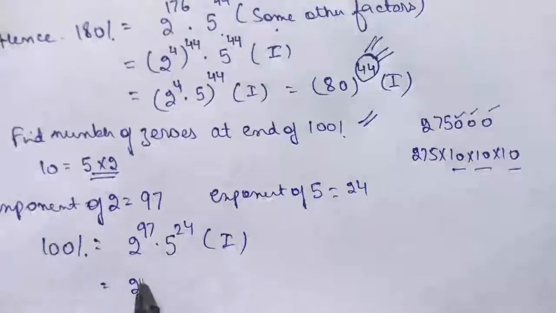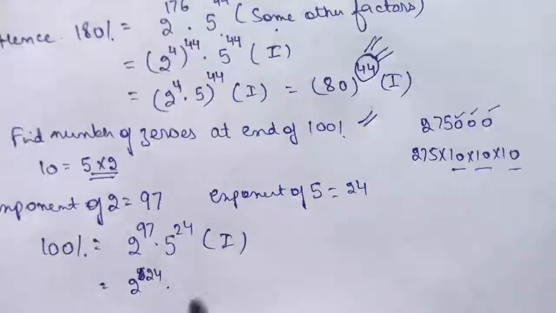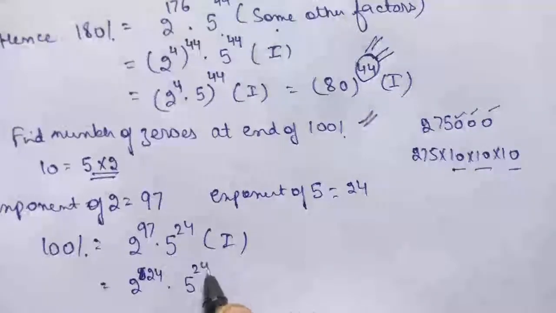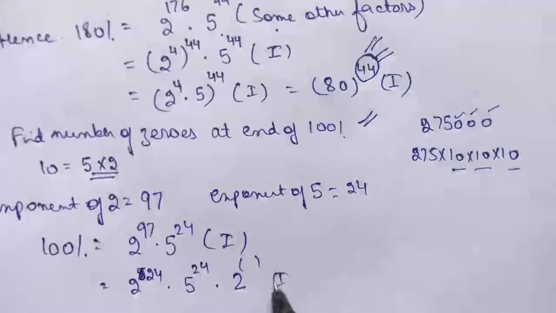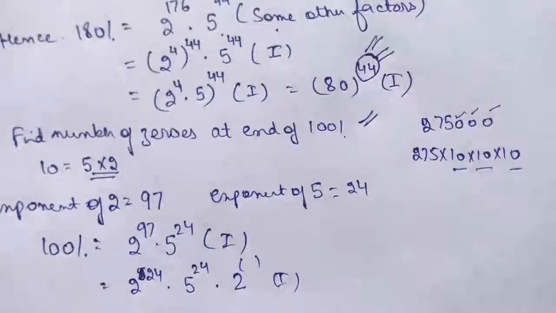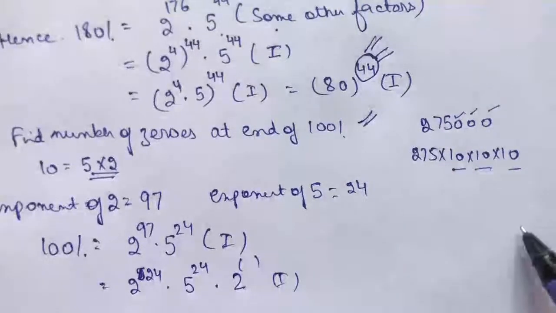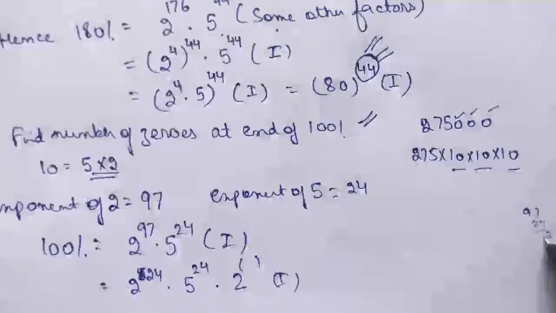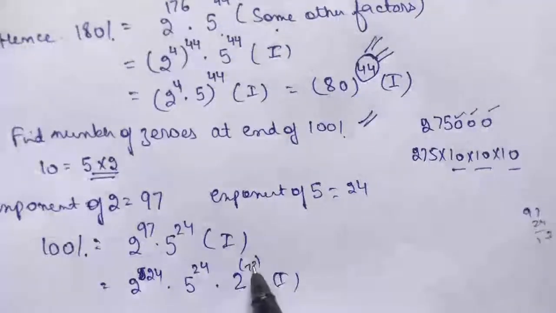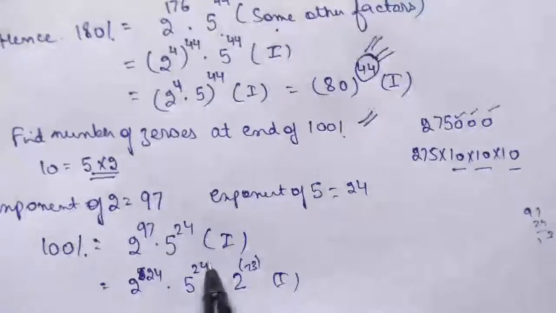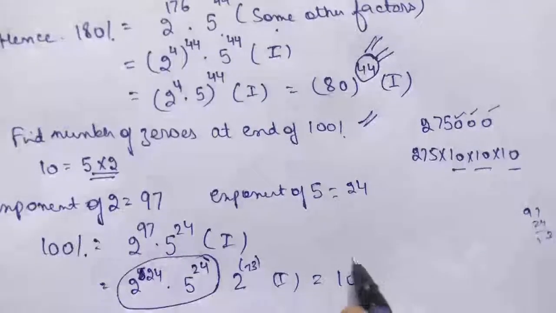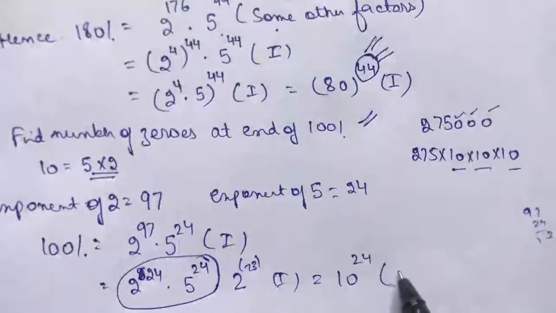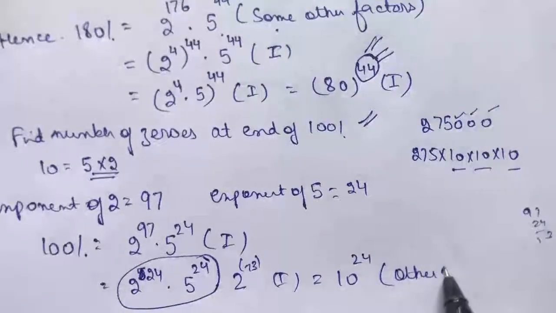So it will be 2 raised to the power 24 into 5 raised to the power 24 into the rest of the 2's apart from 24, means there will be 73 2's. Now this is going to be 10 raised to the power 24 into some other numbers.